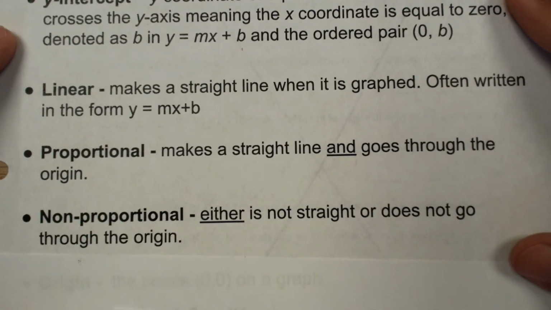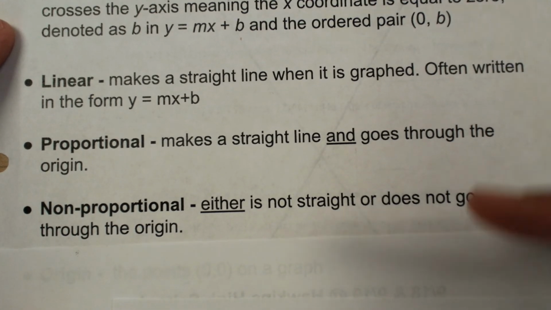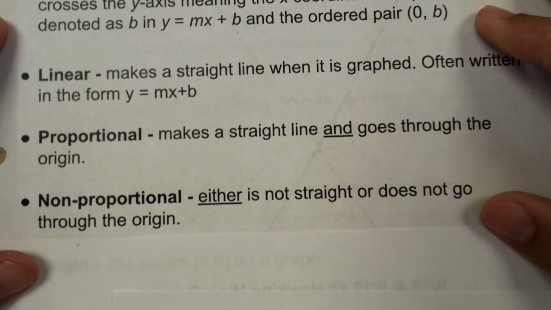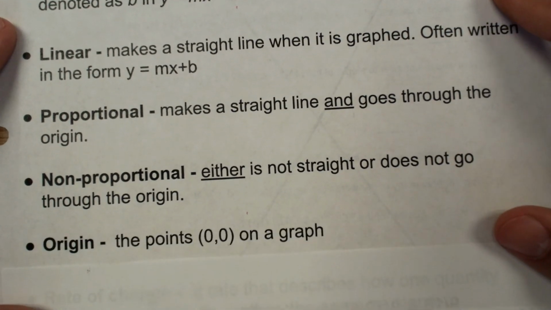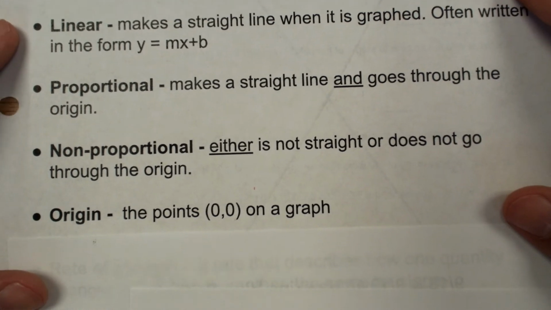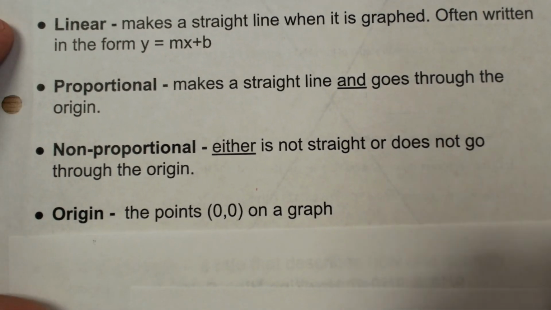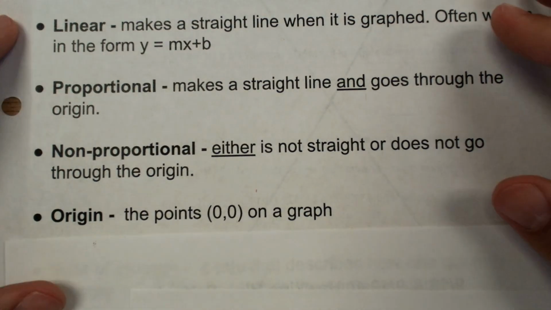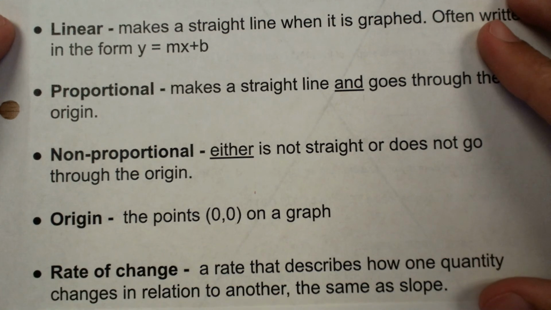Non-proportional is when either of those two things does not happen, so either it's not straight or it does not go through the origin. The origin, if you don't know, is the point (0, 0). It is where your x-axis and y-axis meet, the t in the middle of your graph.